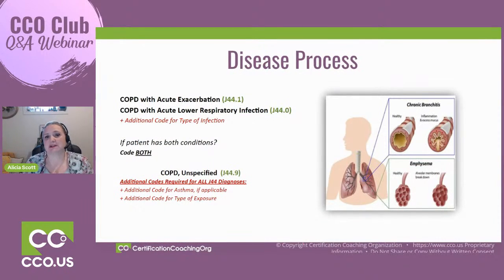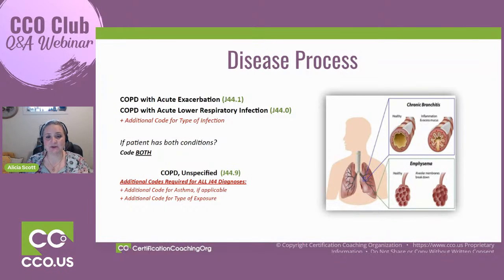The first thing we want to do is a quick review of the disease process. Whenever you're dealing with COPD, there are two things that you have to ask yourself first. Is it an acute exacerbation, or is there an infection involved?